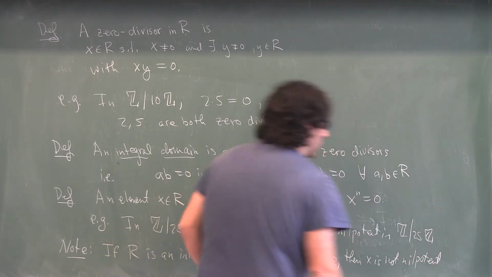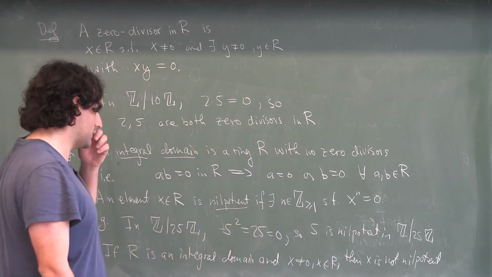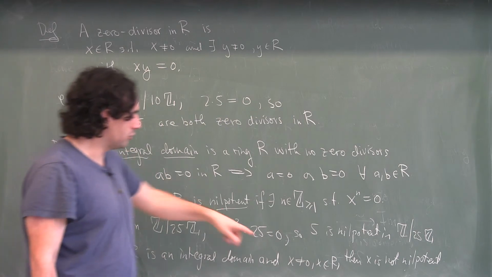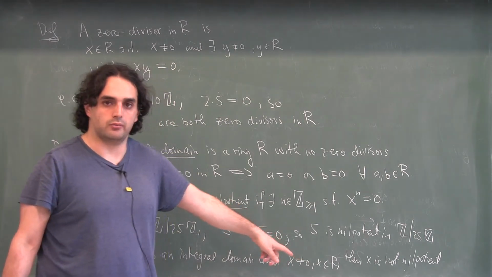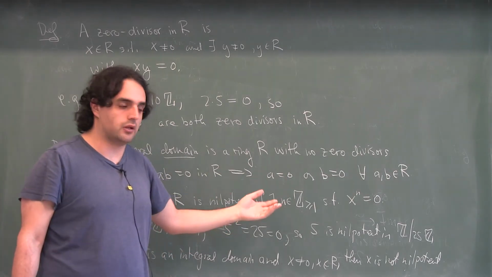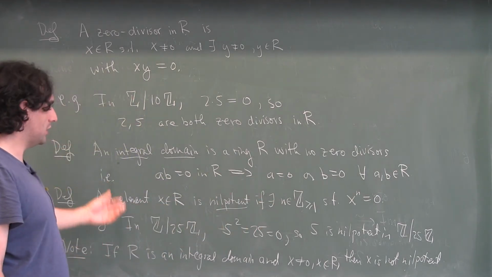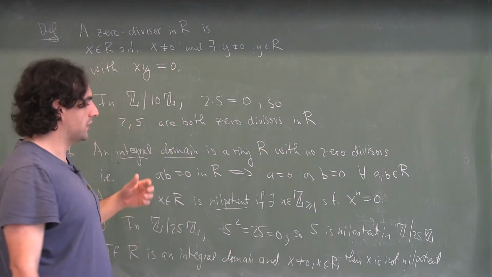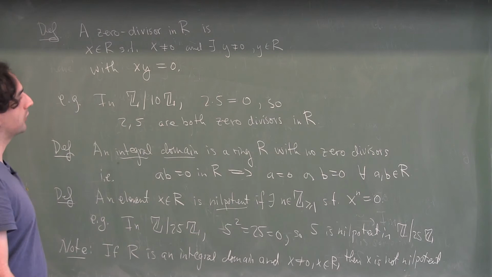Another way to say that is the set of nilpotent elements in R just consists of the 0 element. In general, the set of nilpotent elements forms an ideal, and what we are saying is that in an integral domain, the ideal of nilpotent elements is the 0 ideal. Okay.